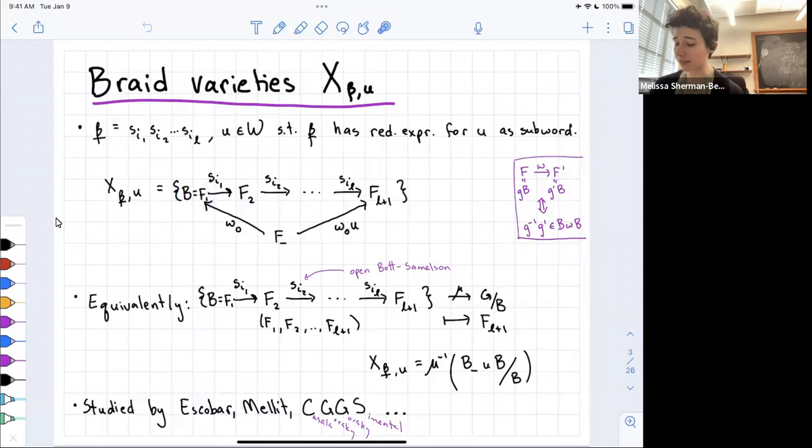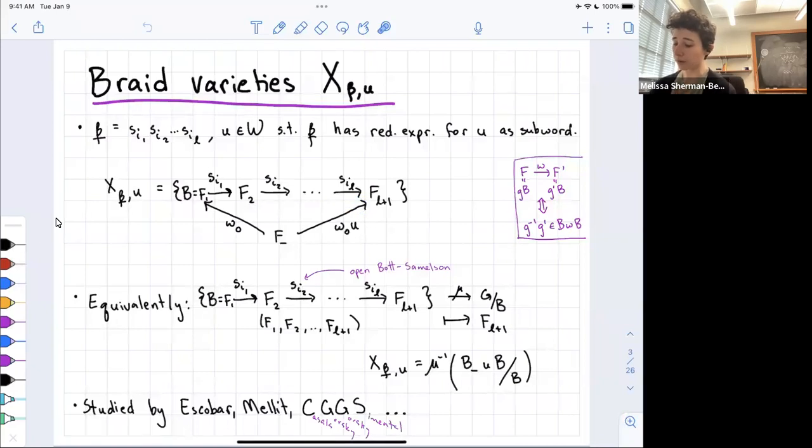If I were in type A, to pass from F1 to F2, I would just be changing the i1-th dimensional subspace. And then my second step is in direction S_i2, the second letter of my word, and so on. Okay, so that's how the data of beta underline plays a role. It's going to tell me which direction I need to step during my walk.